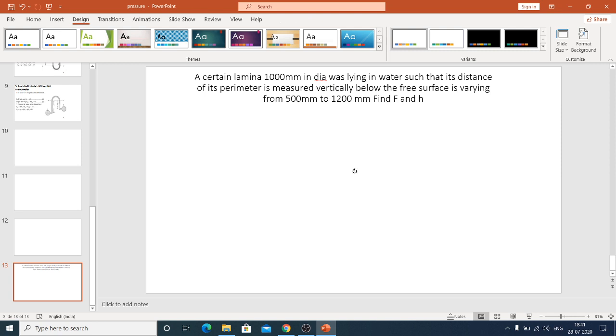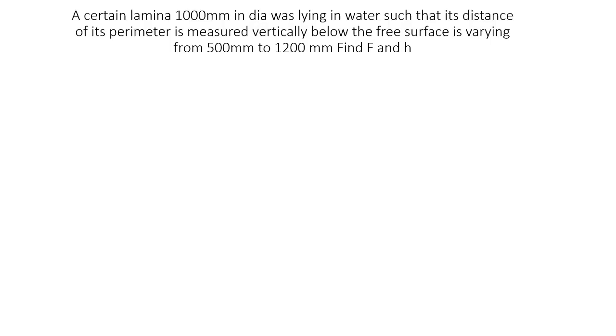How do you solve this question? Let us see. A certain lamina 1000 mm in dia was lying in water such that the distance of its perimeter measured vertically below the free surface is varying from 500 mm to 1200 mm. Find force and height. Let us take this as the free surface. Here this lamina is inclined.